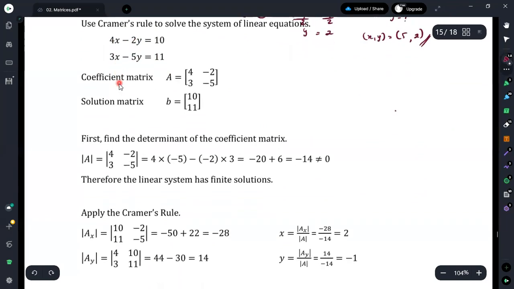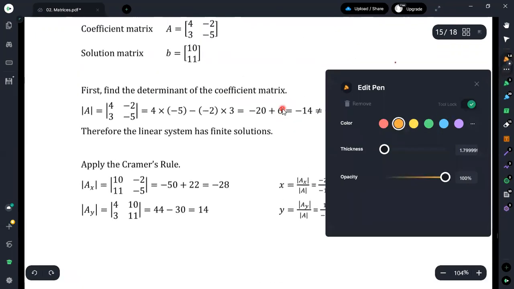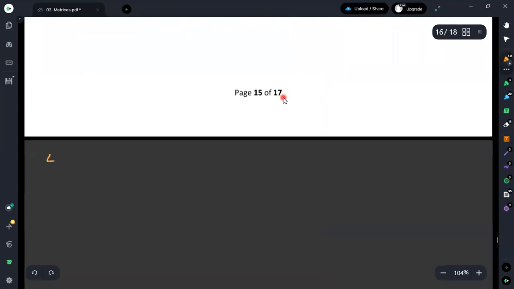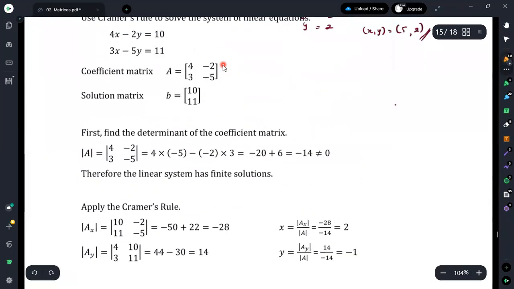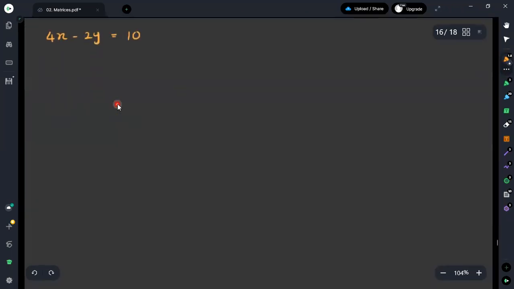The first equation is 4x minus 2y equals 10, and the second equation is 3x minus 5y equals 11. These are the two equations that we have for the system of linear equations.